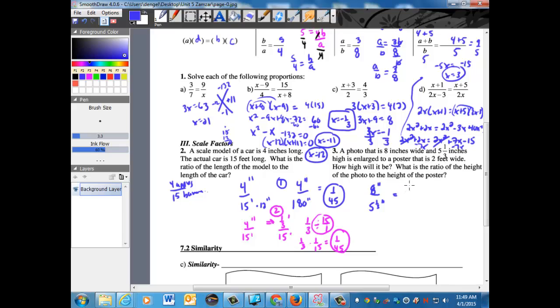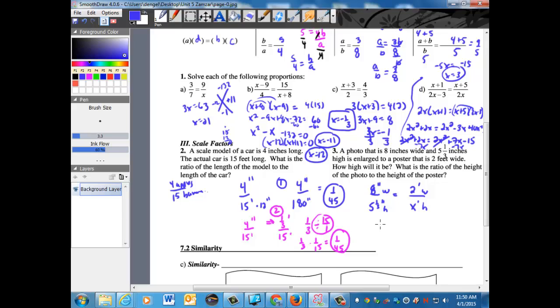And so if we look on top, I said that we had 8 inches wide. So I'm going to put W for width, and then I'm going to put H for height. And so we want to keep this the same. So this is going to be 2 feet width, and then x feet height is unknown. Okay, and I'm showing you width and height to make sure that these are lined up properly.